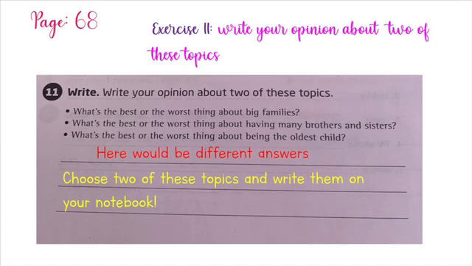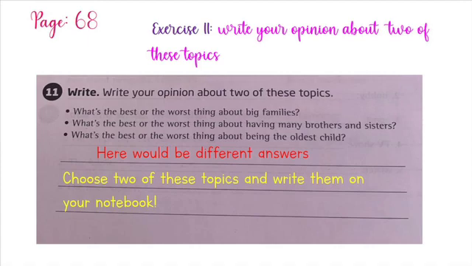Okay, let's start. Write your opinion about two of these topics. Okay, we have three different topics in this exercise. What's the best or the worst thing about big families?